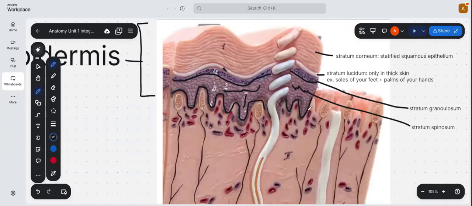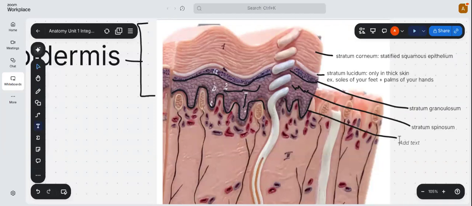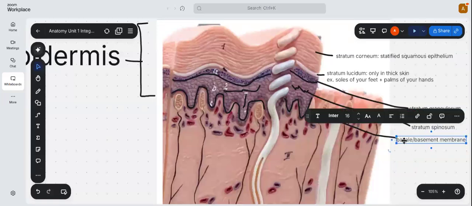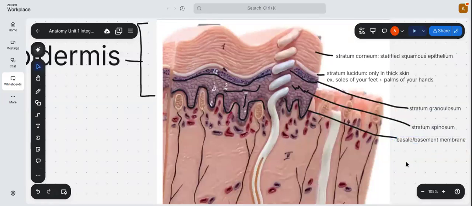Let's change that up, make it shorter. There we go. So you can say either or, basal or basement. So that is everything that is going to be in your epidermis as for layers.